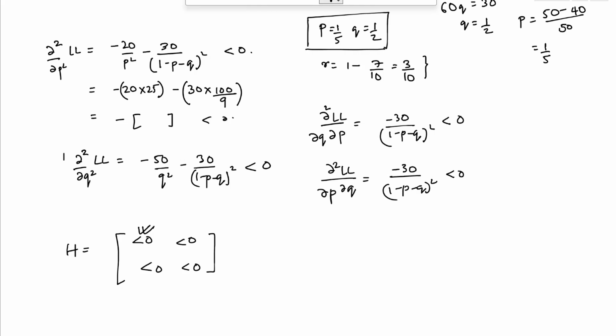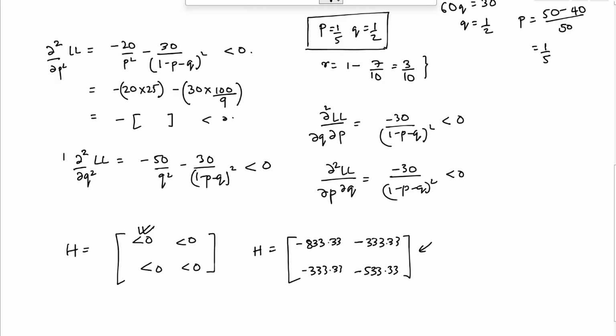So we need to do some computation. I've calculated the Hessian by putting the values of p equal to 1 by 5 and q equal to 1 by 2, and I have obtained this matrix. Now you can observe that the first entry, which is h11, is negative, right?